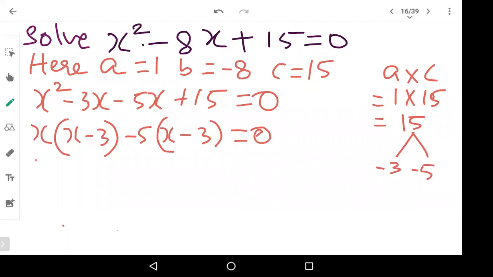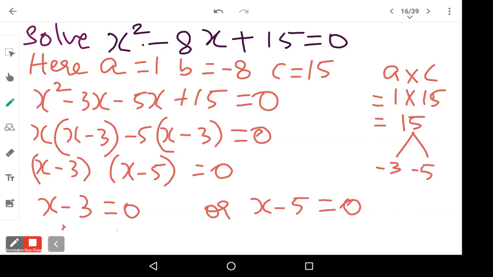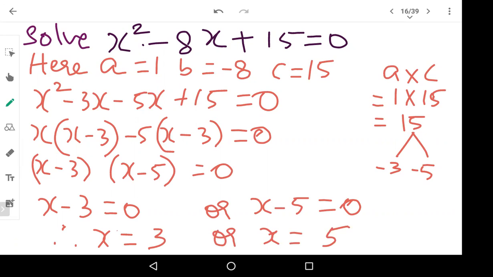So x minus 3, x minus 5 is equal to 0. X minus 3 is equal to 0 or x minus 5 is equal to 0. Therefore, x is equal to 3 or x is equal to 5. So this is going to be our answer. Good.